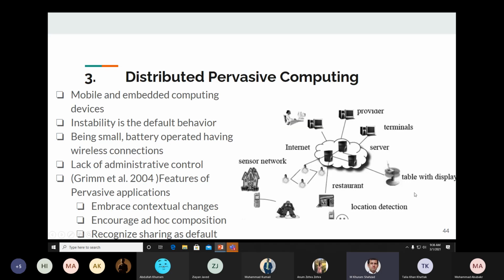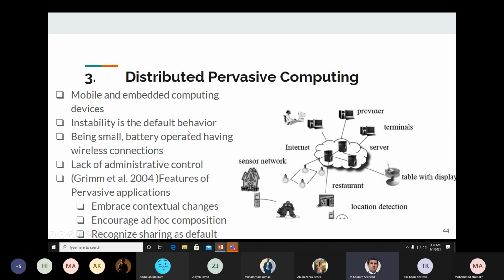Not only do we have different types of devices, we have different types of networks also in this case. So you can control the lights of your home. You can control the environment of your home, like temperature, air, ventilation, or humidity.